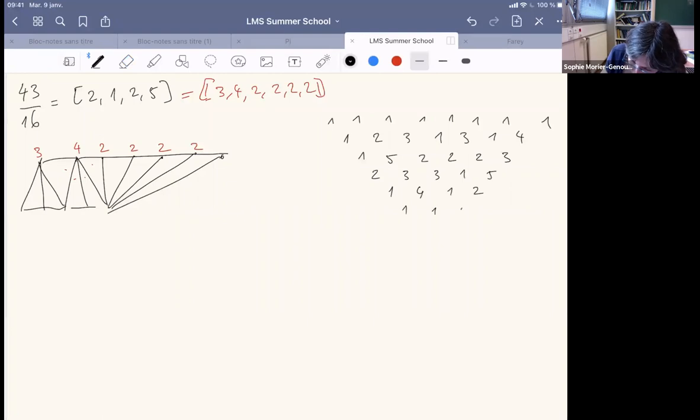So write this cyclically in the frieze, 1, 2, 3, 1, 3, 1, 4. You can practice with the example of your choice. Choose a triangulation, compute the fraction, compute the frieze. It's going to be a way to practice with all the material of today. So sorry, I don't want to be over time. Thank you for your attention.